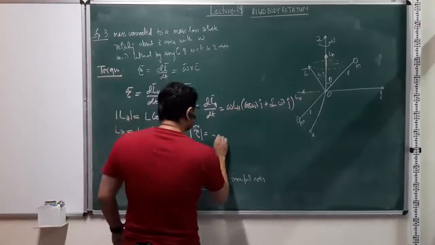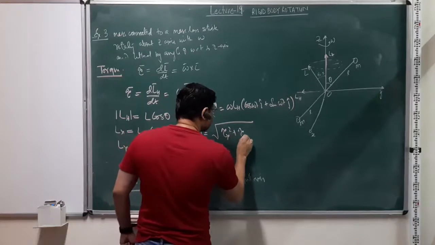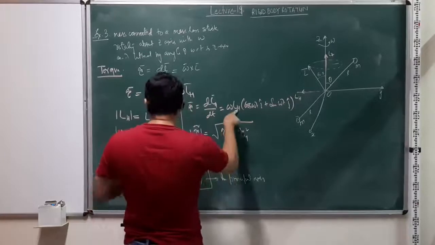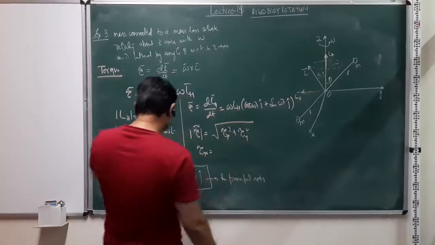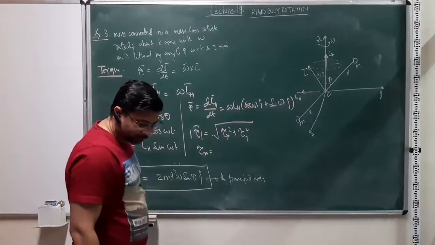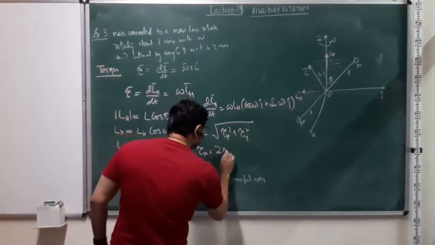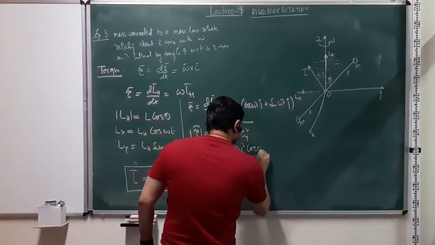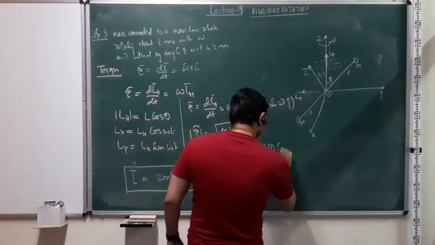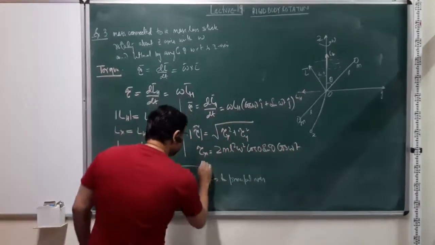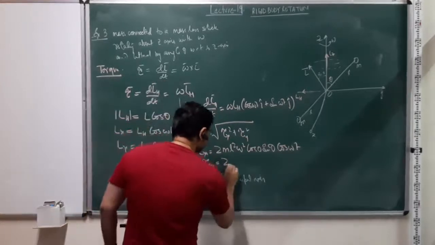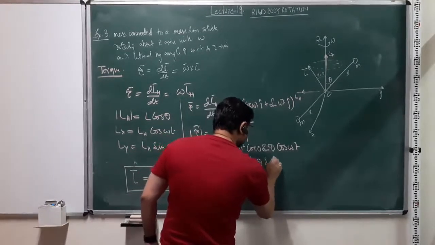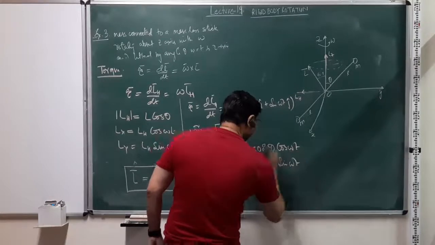So this is tau x squared plus tau y squared, where tau x is, instead of LH I'll put L cos theta, and for L I can put 2ml squared omega sin theta. So this will give me 2ml squared omega squared cos theta sin theta cos omega t. Similarly, tau in the y direction is 2ml squared omega squared cos theta sin theta sin omega t, right?